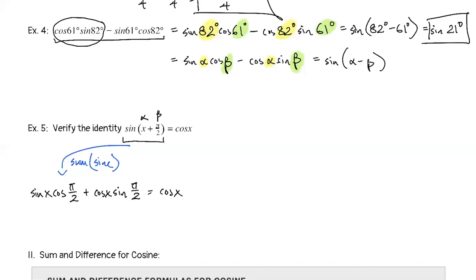Now, we do have some numbers here, which actually works out pretty well for us, okay? So what is the cosine of pi over 2? Let's find our unit circle and find cosine of pi over 2. What does that give us?